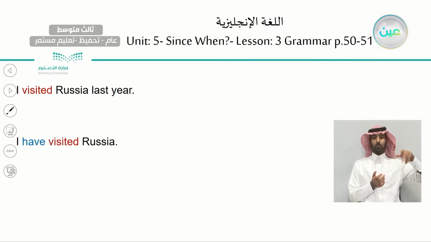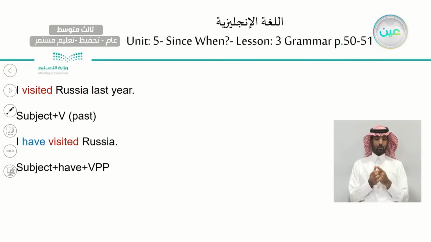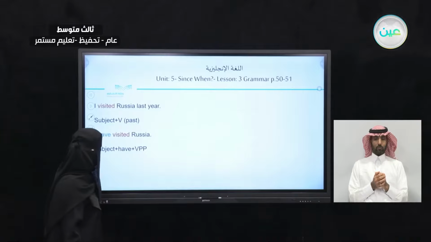Excellent. With the first sentence, we have the subject and the verb in the past tense. And in the second sentence, we have the subject and have, and verb 3, the past participle.